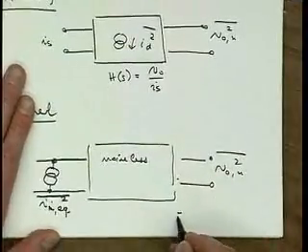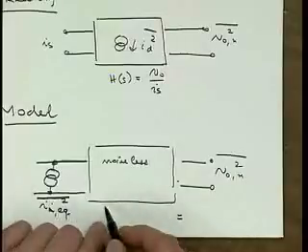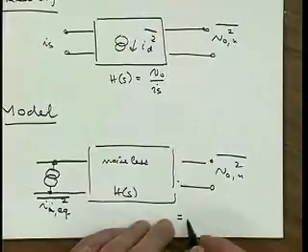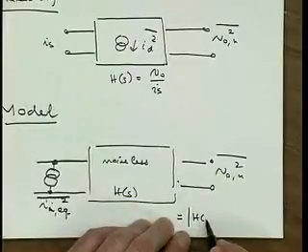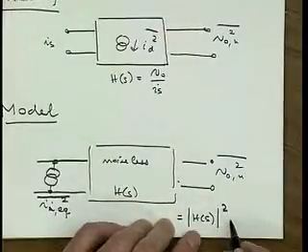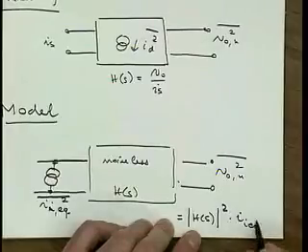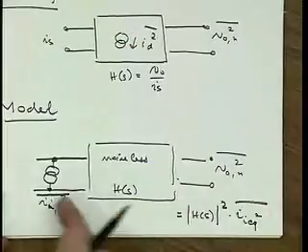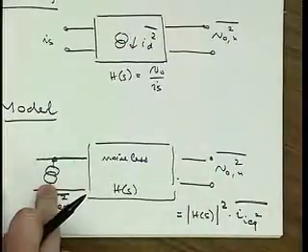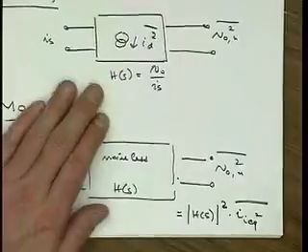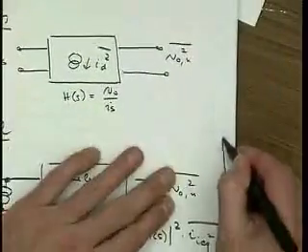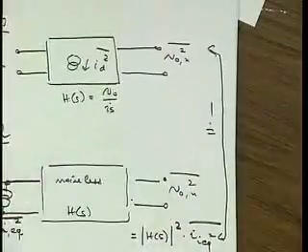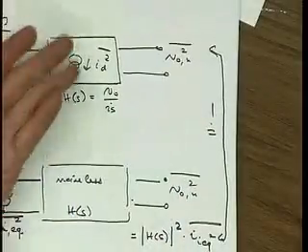In fact, the noise at the output in this circuit, with H of S exactly the same in these two cases, since I haven't changed my circuit in any other way, is H of S squared times I_EQ squared. So that's how much noise comes out of this circuit, given how much noise I put into it. Well, now I want to make these equal, so that this is a faithful model for the reality.